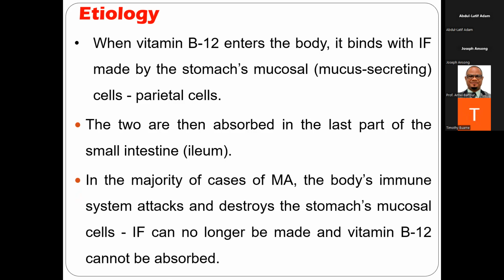So it is an autoimmune disease. Pernicious anemia can be an autoimmune disease, whereby autoantibodies destroy the stomach parietal cell. IF can no longer be made, and vitamin B12 cannot be absorbed.